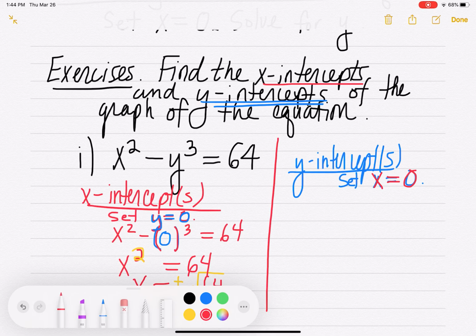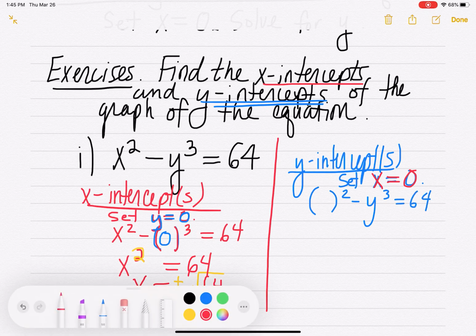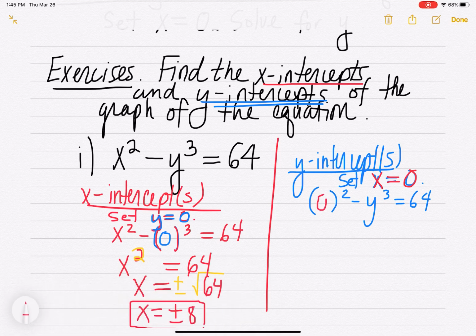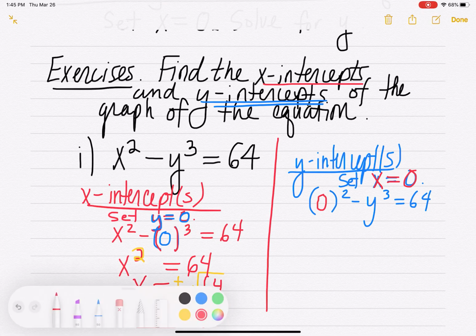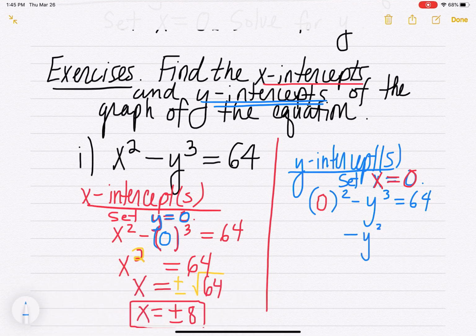So it looks like I'm going to have blank squared minus y cubed equals 64. In place of the x, I'm going to put a 0. Now 0 squared is going to be 0, so that doesn't contribute. We have minus y cubed remaining equals 64.